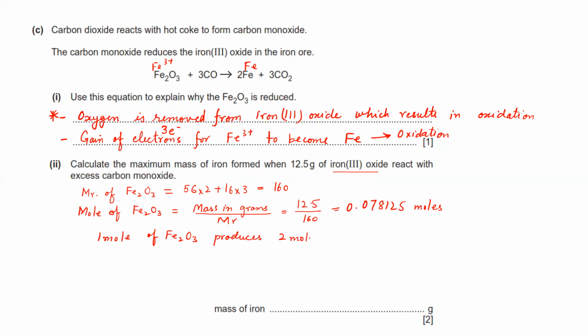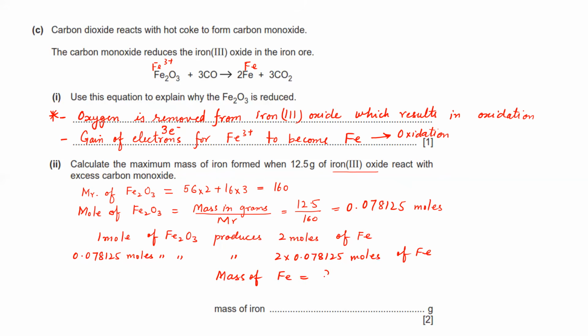2 moles of Fe, and 0.078125 moles of this produces 2 multiplied by 0.078125 moles of Fe. So overall, the number of moles, and then the mass of Fe.